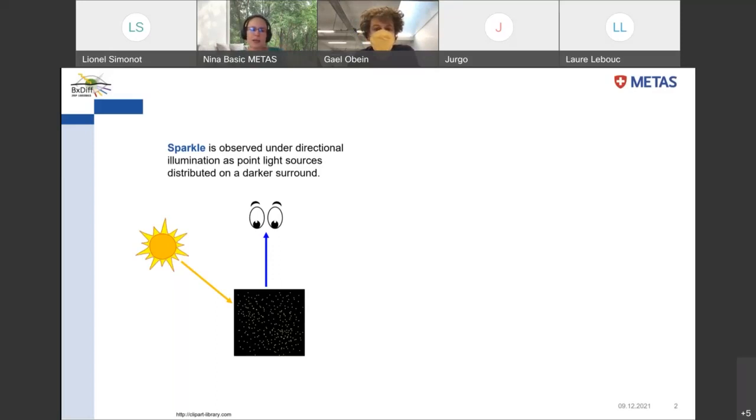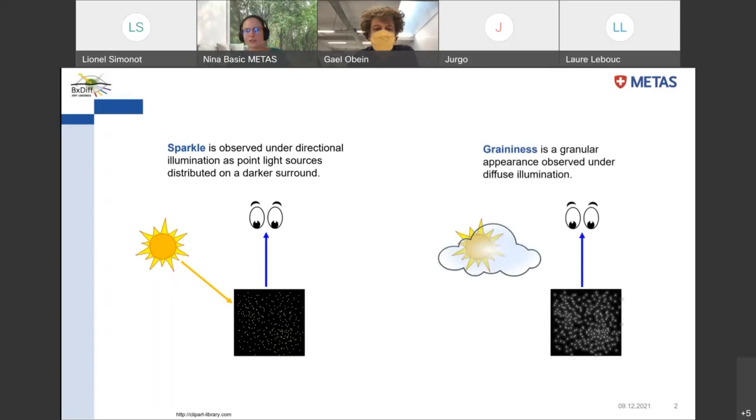Now, if you happen to be with the same sample outside on a cloudy day, you would observe the graininess. On the other side, we have this granular appearance. It's only observed under diffuse illumination, and you can imagine it as this salt and pepper kind of noise.